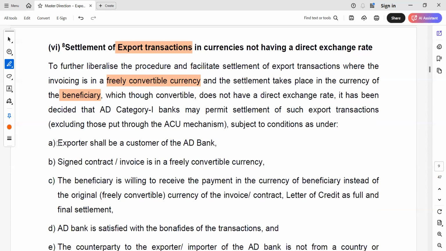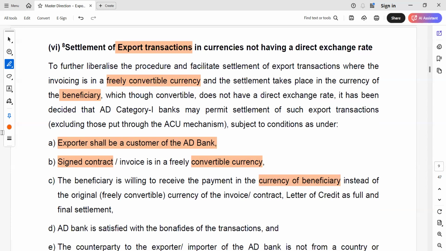So here, exporter shall be a customer of the AD bank. Signed contract invoice is in freely convertible currency. Beneficiary is willing to receive the payment in the currency of beneficiary instead of original currency of the invoice.